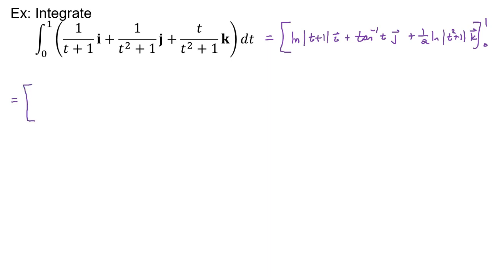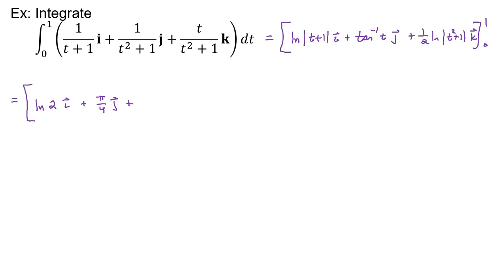So if you plug in 1, I get natural log of 1 plus 1, which is natural log 2. You plug in 1 on the tangent inverse. Tangent inverse at 1 is actually pi over 4. There's your little trig jumping in at you.